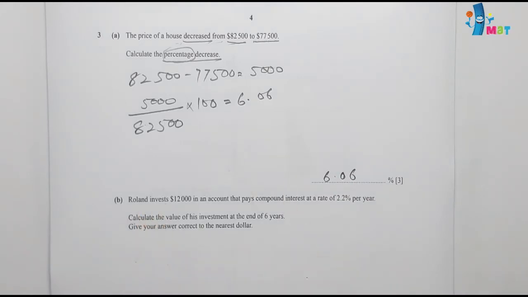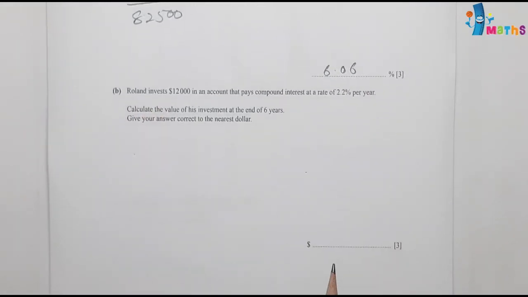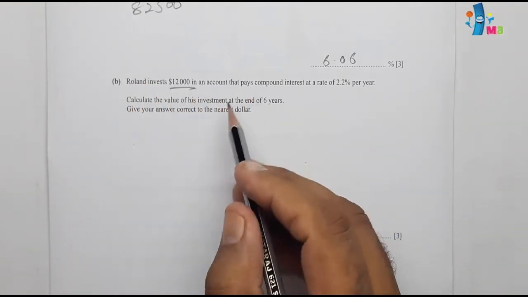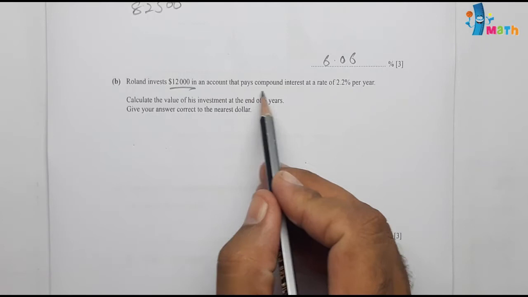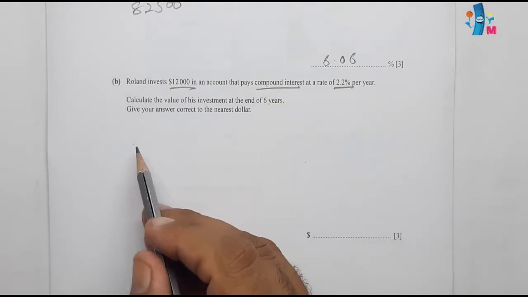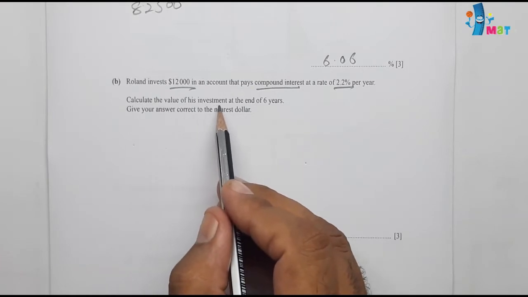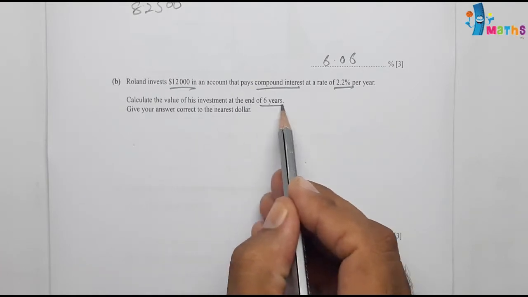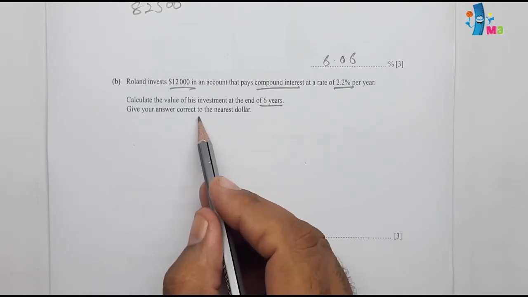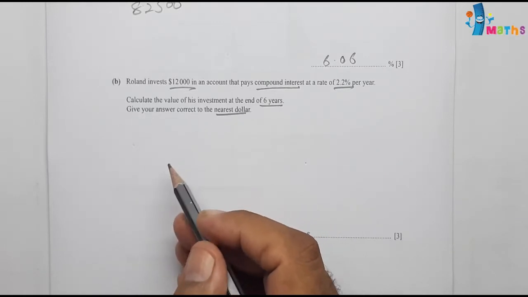Then B part. Roland invests 12,000 in an account that pays compound interest at a rate of 2.2% per year. Calculate the value of his investment at the end of 6 years. Give your answer correct to the nearest dollar.